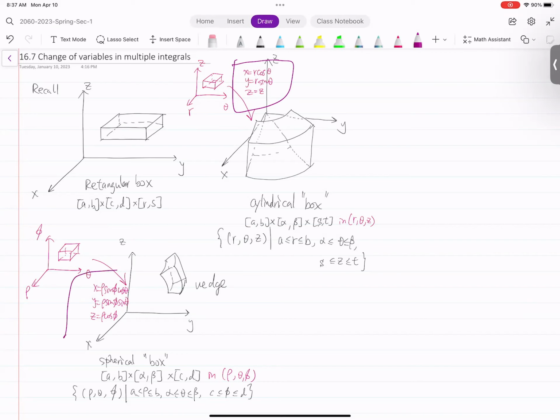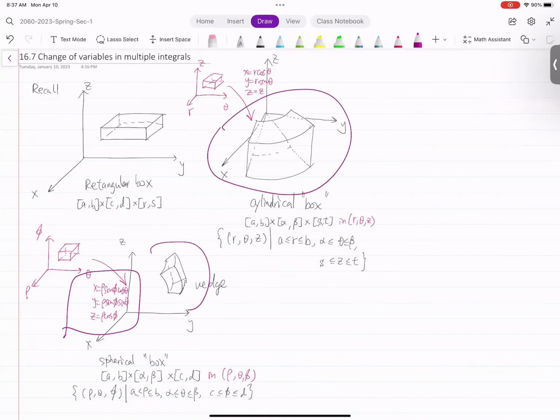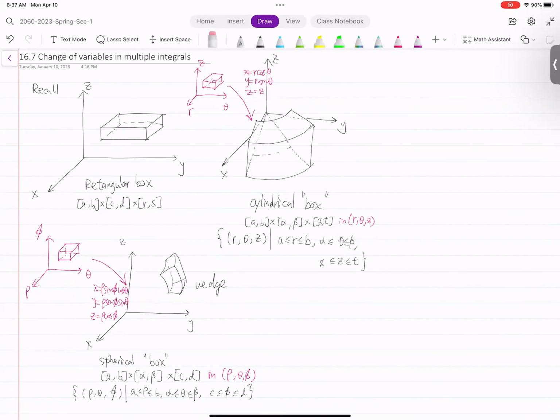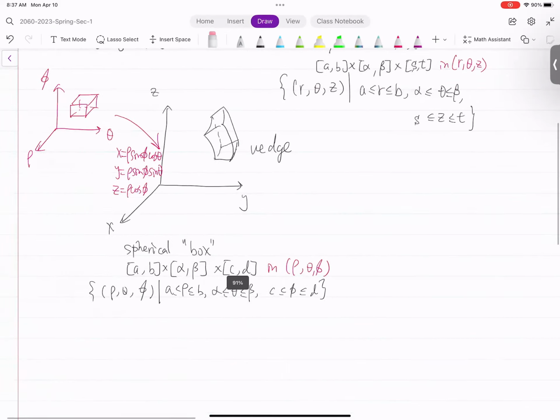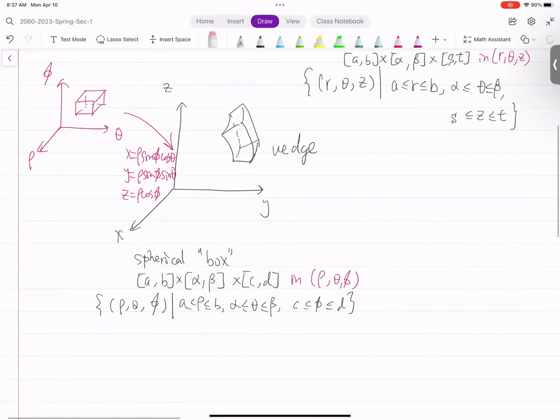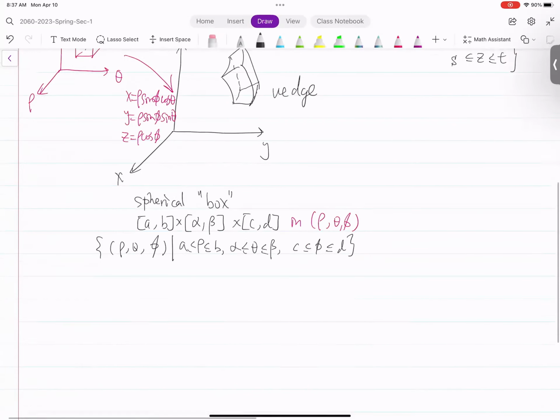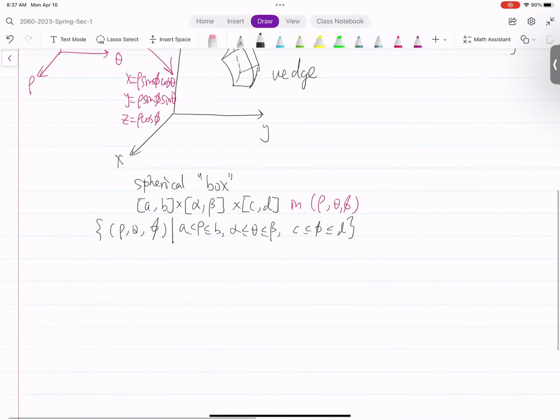We have another way of translating from rho, theta, and phi into x, y, z. And eventually we get some solid, either in black right here or right here. So we definitely want to get the connection, but we can make it even more general, and let's introduce what's called the Jacobian determinant.